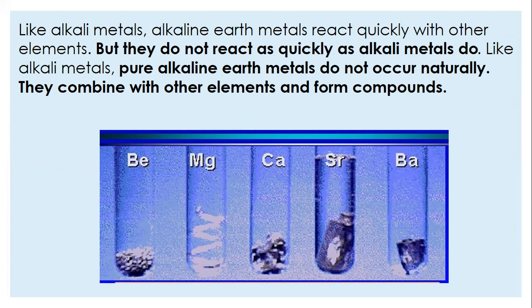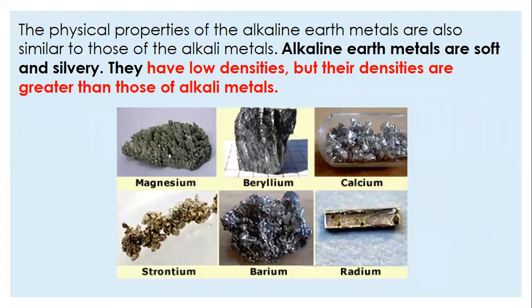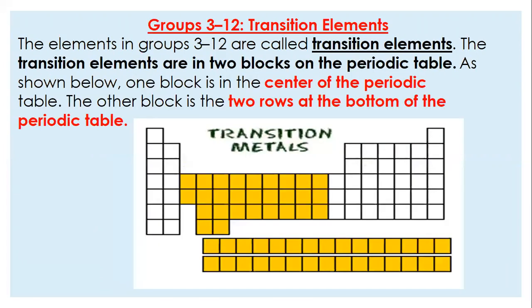We don't find pure alkaline earth metals; we always find them in combination with other elements forming compounds. Alkaline earth metals are also soft and silvery. They have low density, but their density is greater than alkali metals.